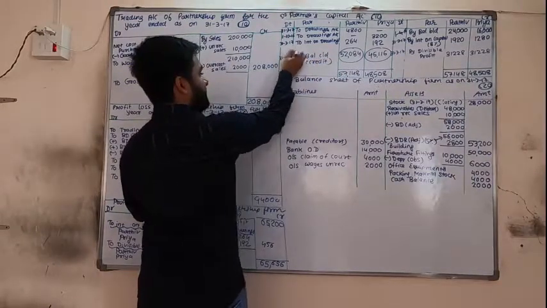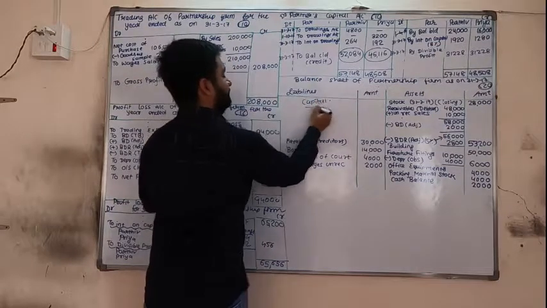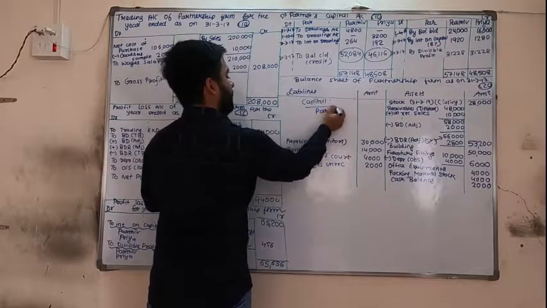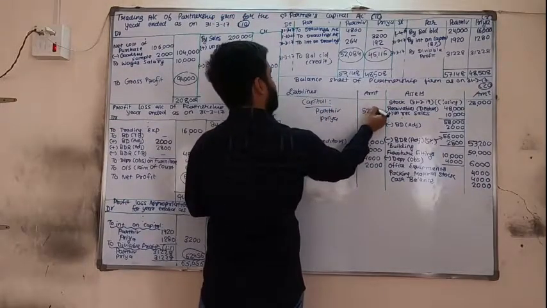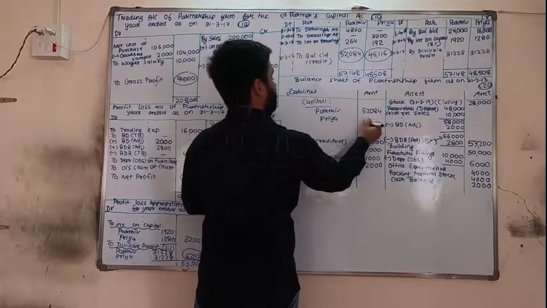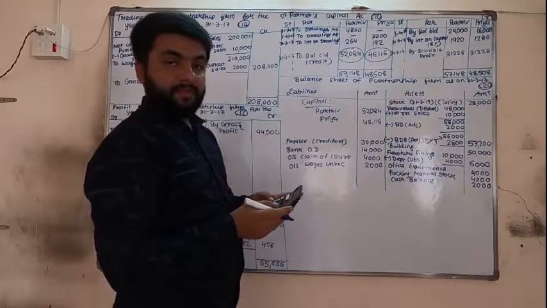Credit balances are on the liability side, so capital: Parthiv, Priya, 52,084 and 45,116. Now take the total.